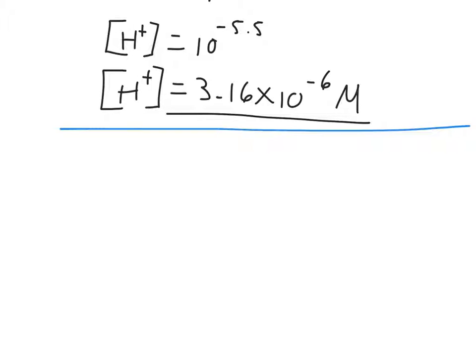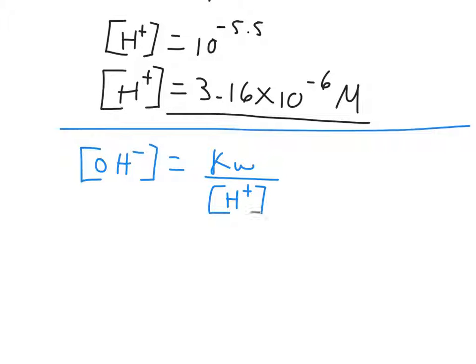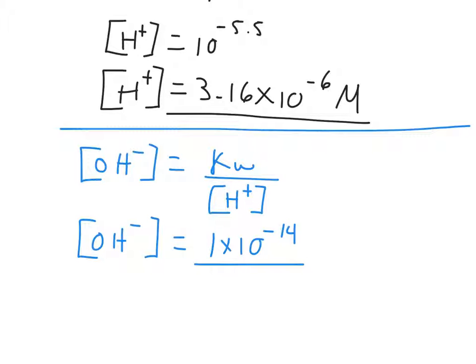The first option is to use the formula involving Kw. Remember that Kw is the constant for the ionization of water. We use the value of Kw divided by the hydrogen ion concentration, and we know that Kw is always 1 times 10 to the power of negative 14.